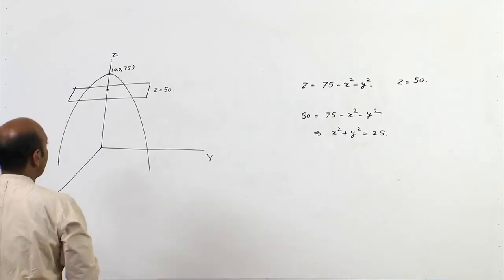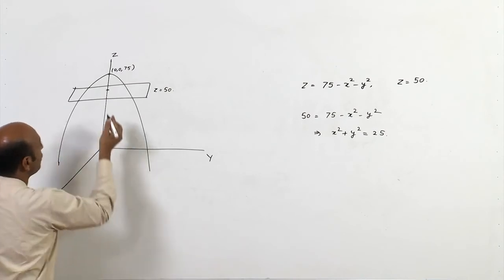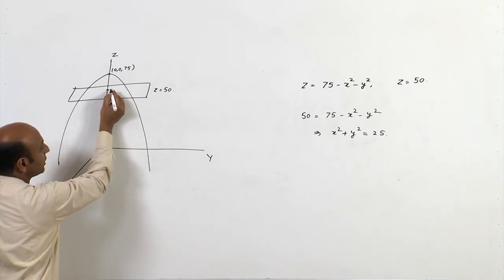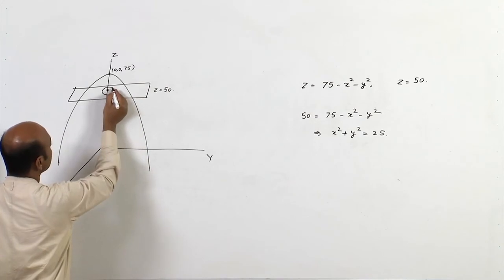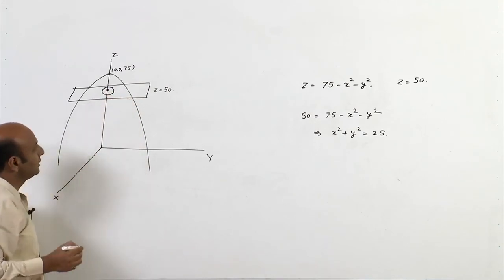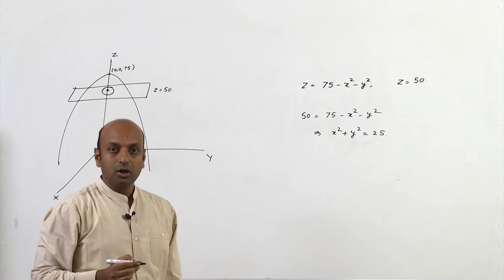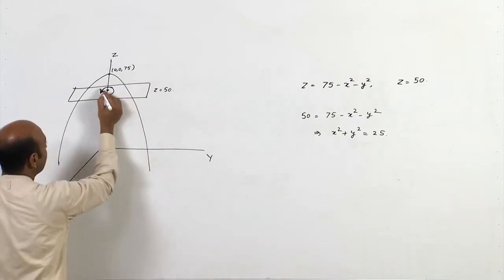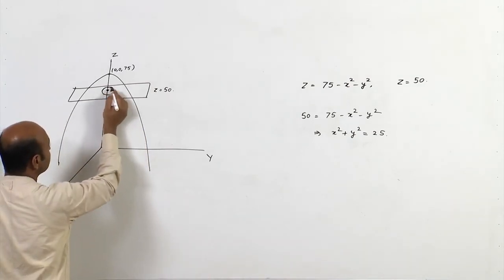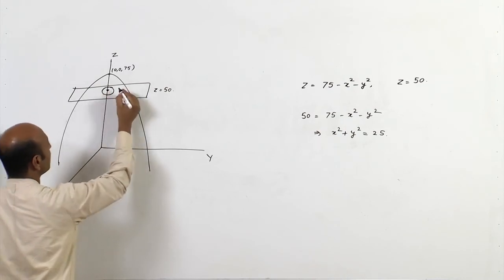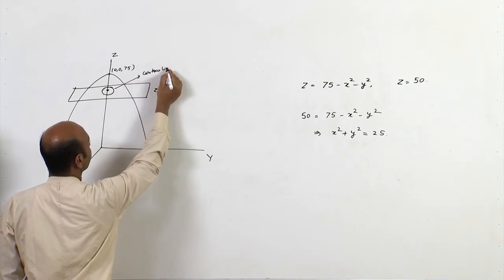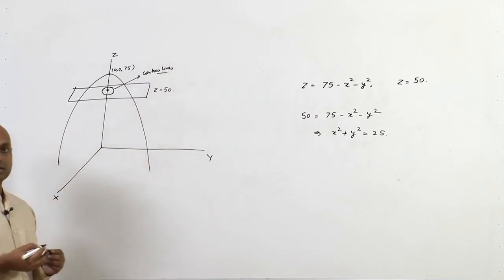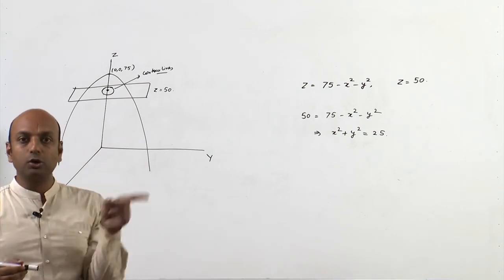At z equal to 50, this is a circle of radius 5 and center origin. This curve is called contour lines.